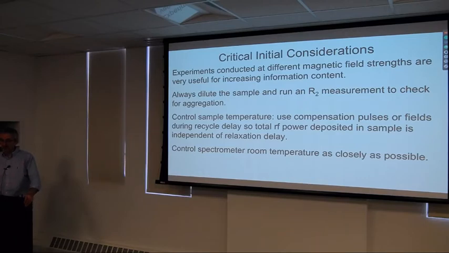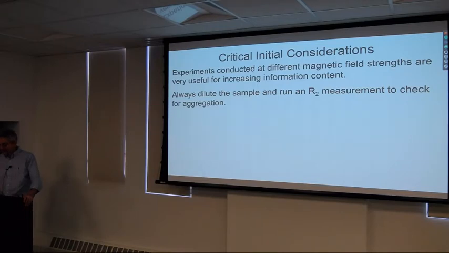And that means essentially as the room temperature fluctuates, the probe is going a little bit in and out of tune. The sample temperature isn't being affected, but the probe is detuning a little bit. And that means the pulse lengths aren't exactly what you think they are, and that leads to intensity fluctuations.